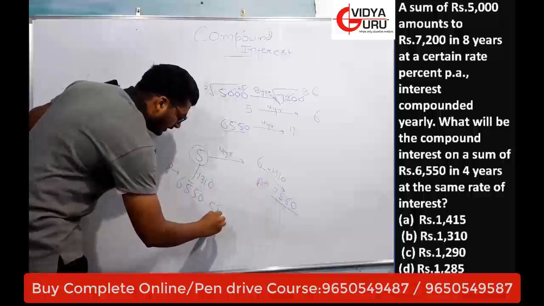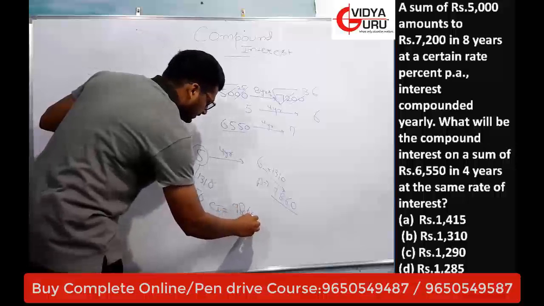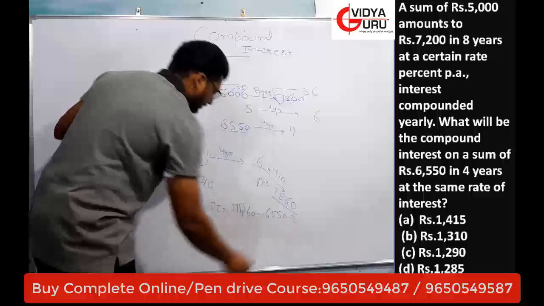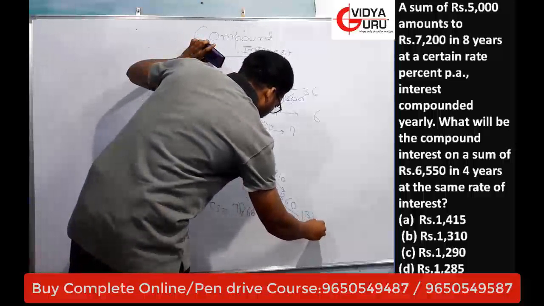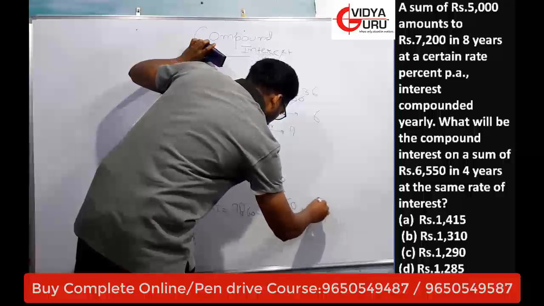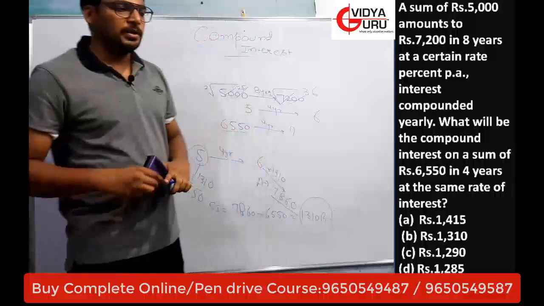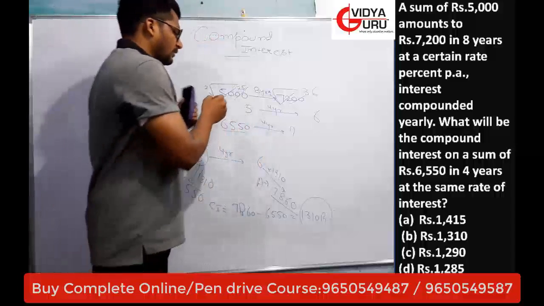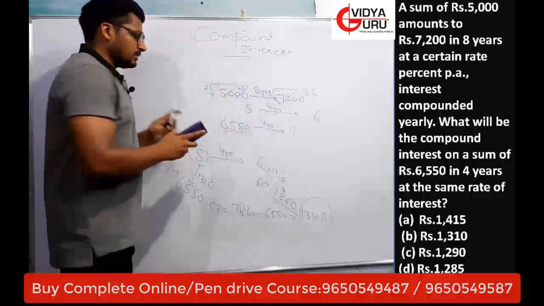If I want to calculate CI, then amount minus principal, 7860 minus 6550, it will be 1310. So what is the CI? 1310 rupees. This was a very interesting question. We have solved it very easily from the basic concepts.